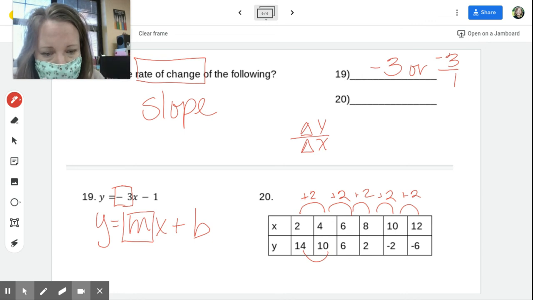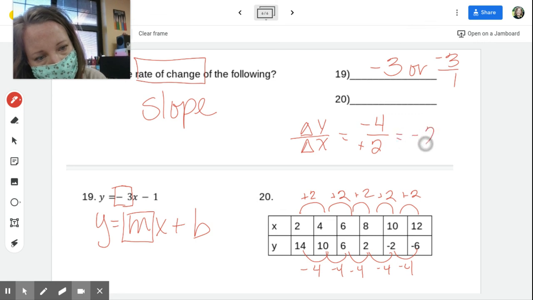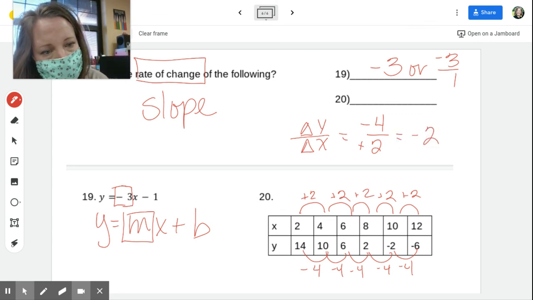So it's going to make a line if I graph it. Minus 4, minus 4, minus 4 every time. So my change in y is minus 4, and my change in x is plus 2. So what's negative 4 divided by 2? Negative 2. So my rate of change is negative 2, or negative 2 over 1.